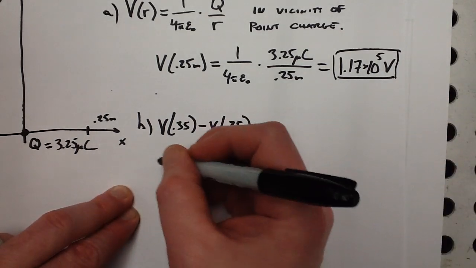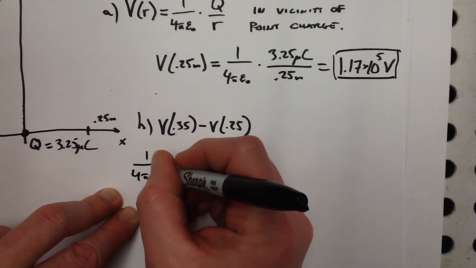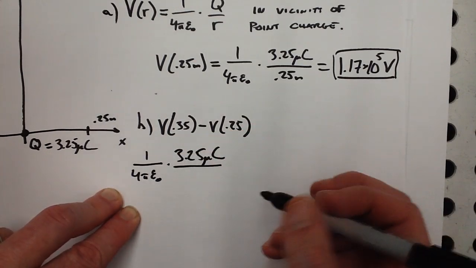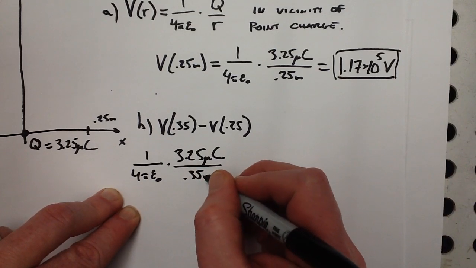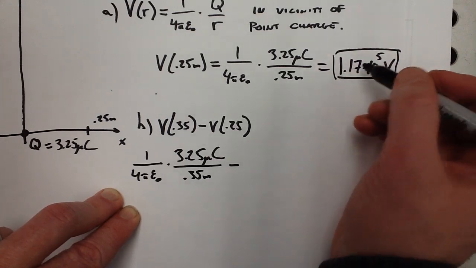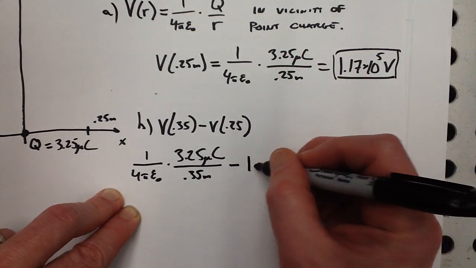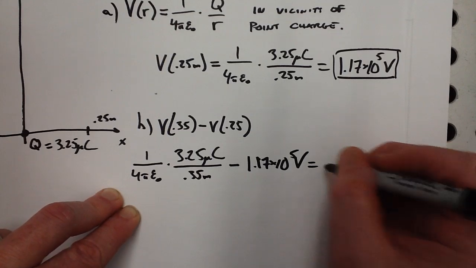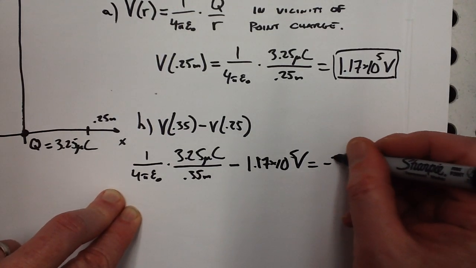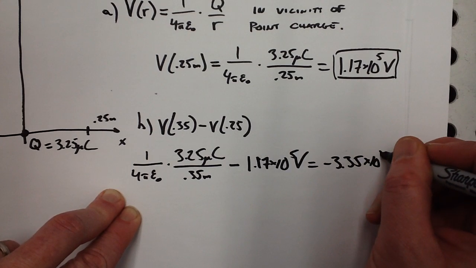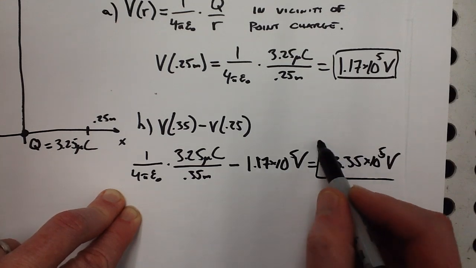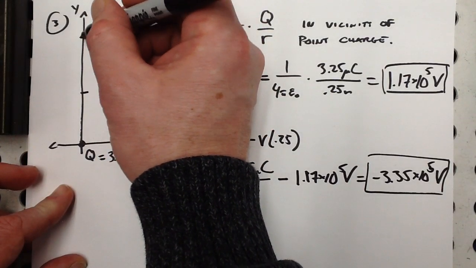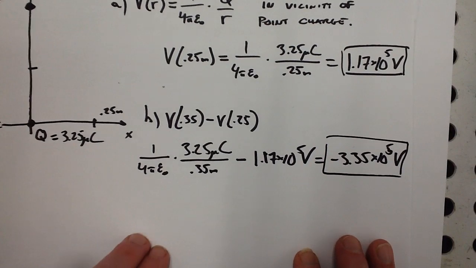So to do this here, we just need 1 over 4 pi epsilon naught times the same charge, 3.25 microcoulombs, and 0.35 meters here, minus, we already did this, we already know now that that's 1.17 times 10 to the 5th volts, and if you do some math there, you should find that that's negative 3.35 times 10 to the 5th volts. That's from here to here.